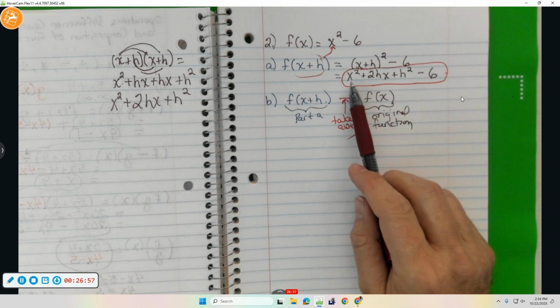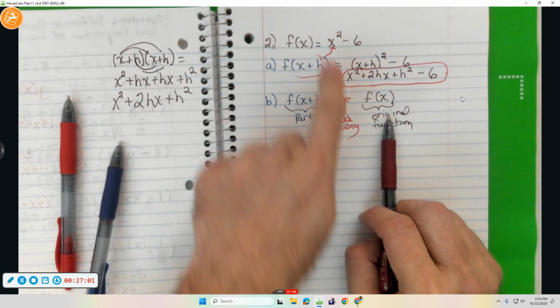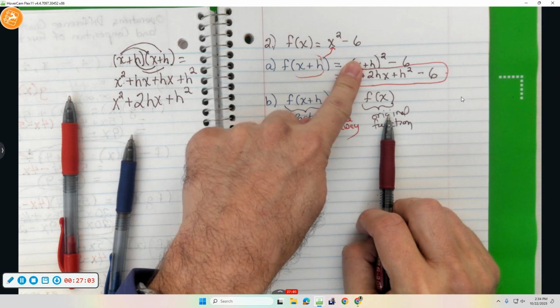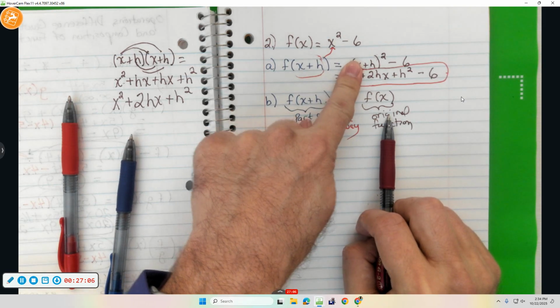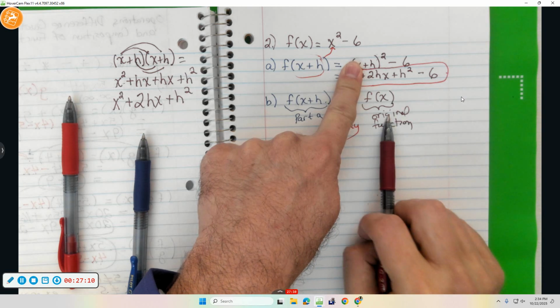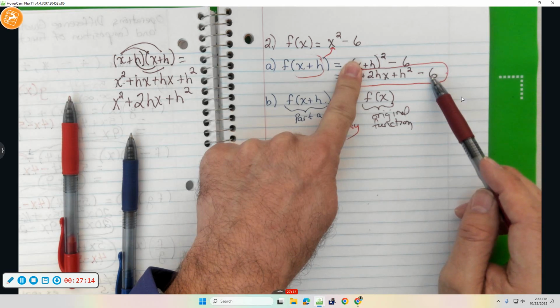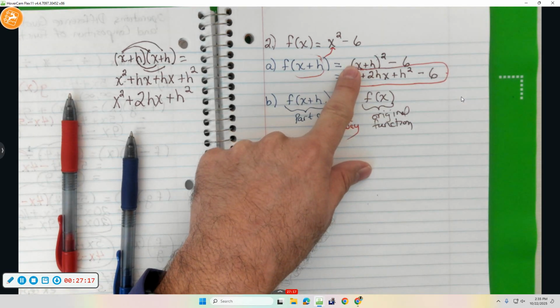Like right here, look at your answer from part A, and I'm going to take away the x squared. So imagine taking away the x squared. What else am I going to take away? What else is in the original function? X squared is dropping off. What else am I going to take away?